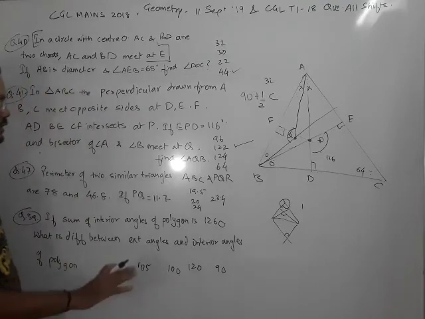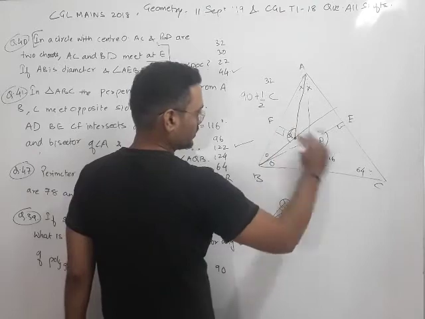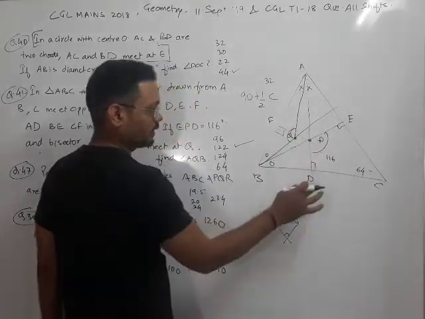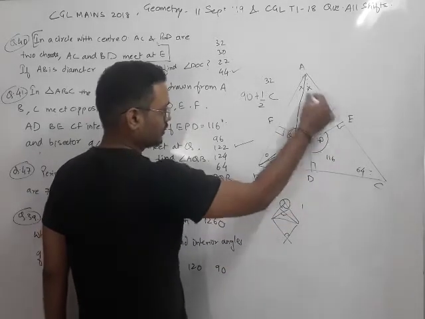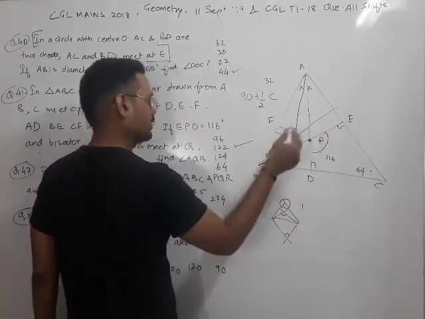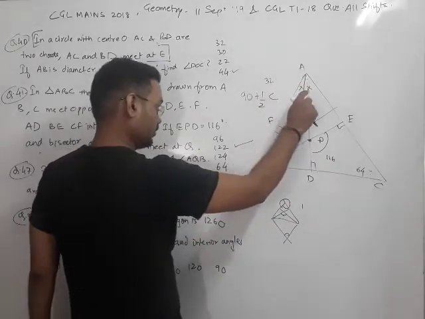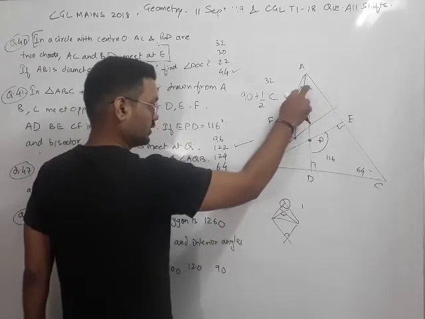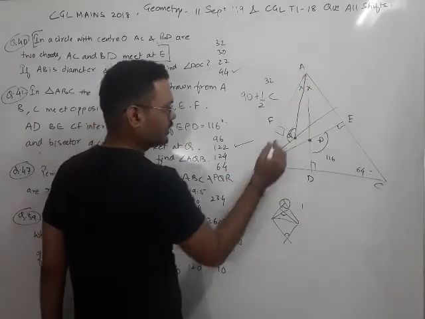And understanding the concept, I'll again explain. Perpendiculars are given, the altitudes are intersecting at P. In the same triangle, they have given the angle bisectors, of A and B only, now intersecting. And they have asked for this.